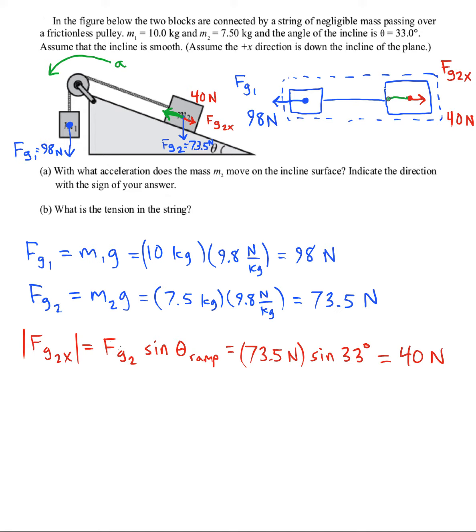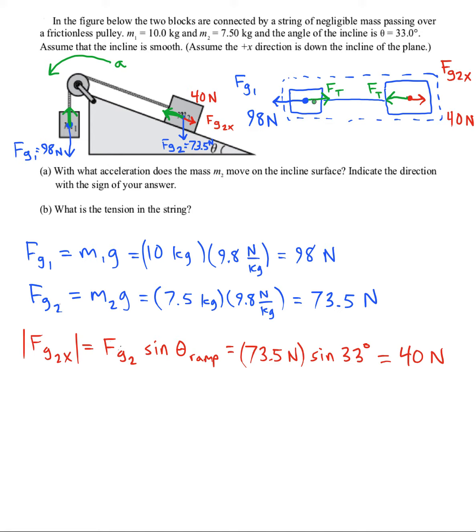So with that in mind, we want Ft to be larger than Fg2x. But we also need Ft to be smaller than Fg1. All right, now these are going to be equal and opposite forces. One pulls on M1, pulling it to the right. The other one pulls on M2 to the left. Like, that rope is not going to exert a net force on the system.